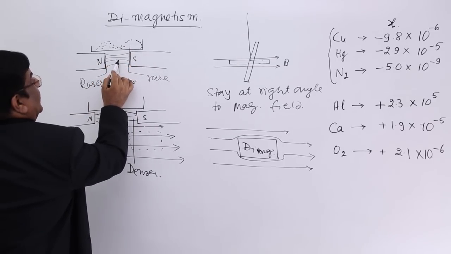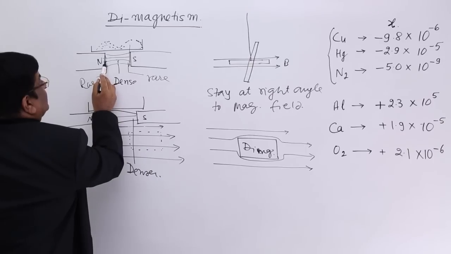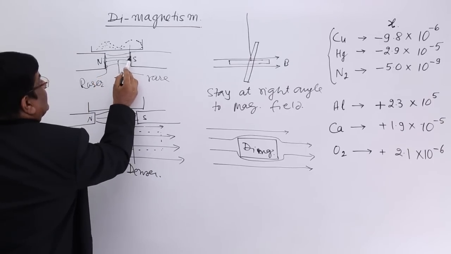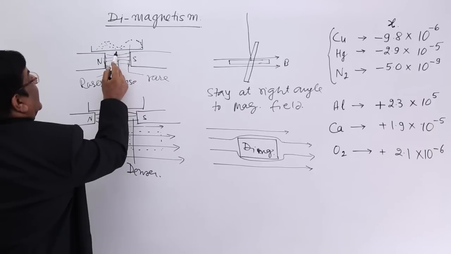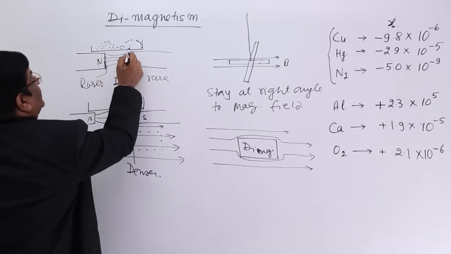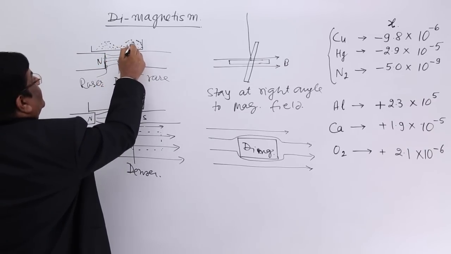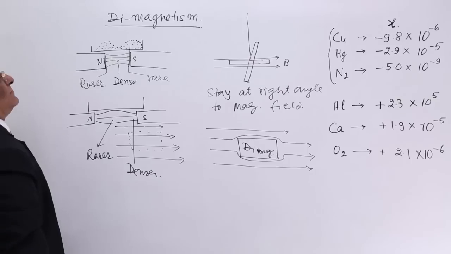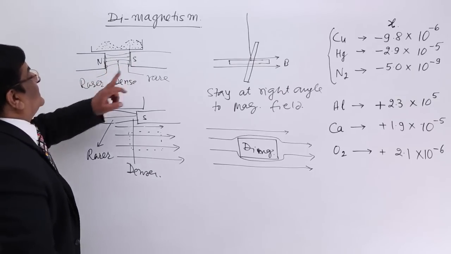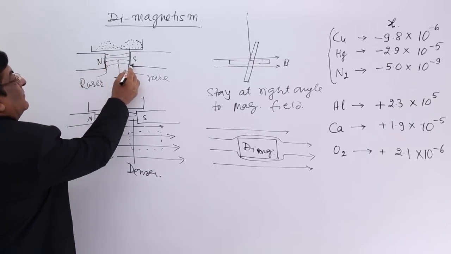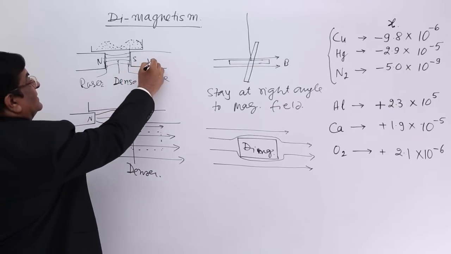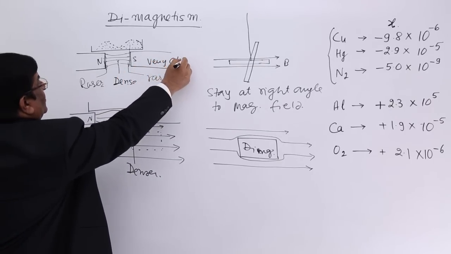Here the magnetic field is 50, here it is 50, here it is 75. At the place of 75 it will not like to come, at the place of 50 it has to come, because 50 is less than 75. This happens when they are very close to each other.